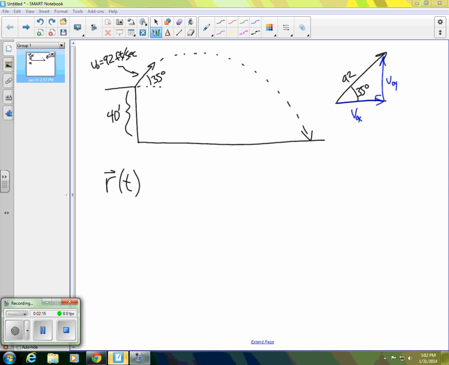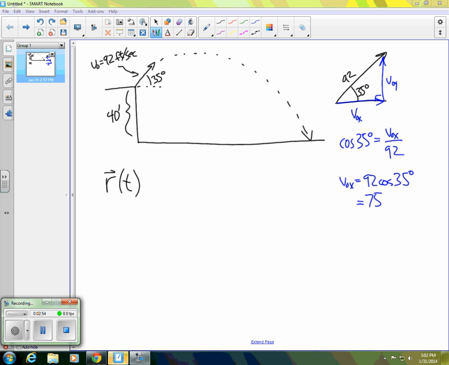The v0x is on the adjacent side of the triangle, and the 92 is the hypotenuse. So the cosine of 35 degrees equals v0x over 92. Multiplying both sides by 92, v0x equals 92 times the cosine of 35 degrees, which to the nearest foot is 75.